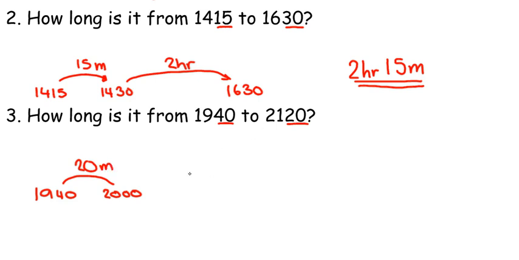Then I want to jump up to 20 past, 20:20, which is another jump of 20 minutes. And now I can finally have the right amount of minutes, so I can go from 20:20 to 21:20, which is my final jump of 1 hour.